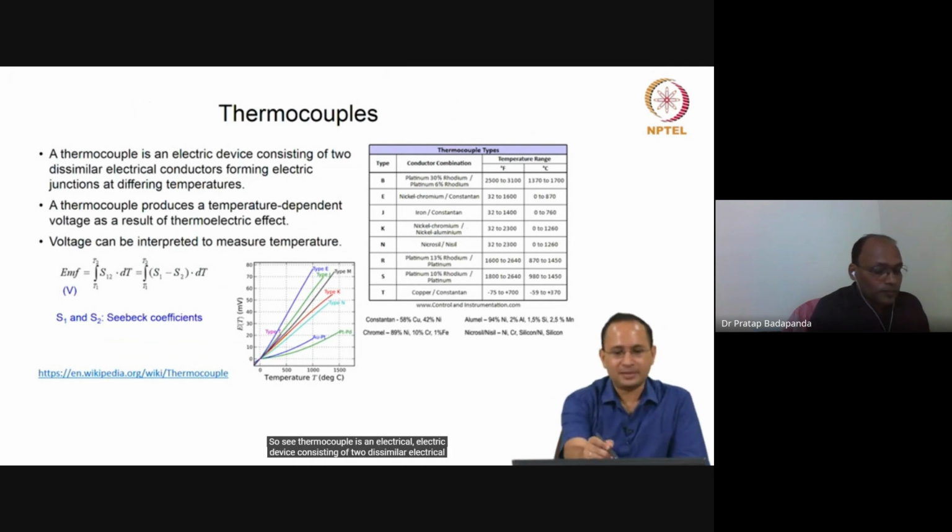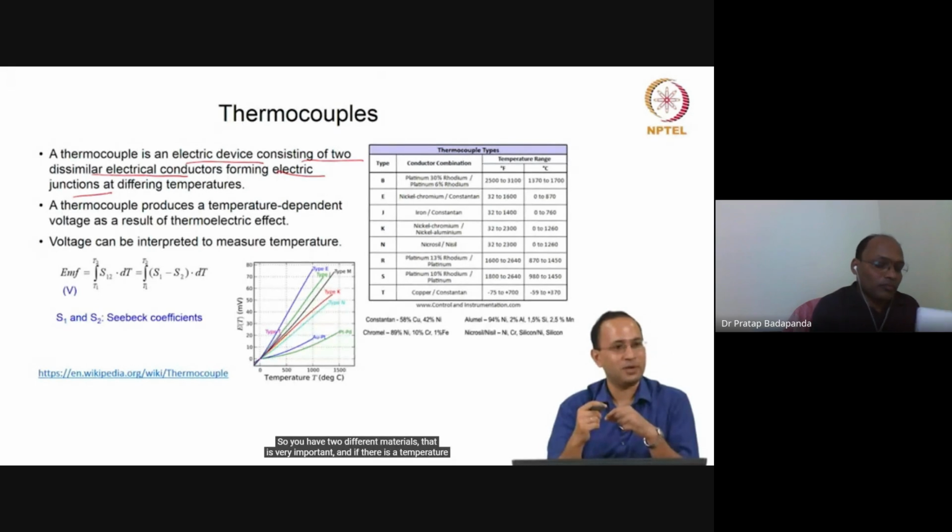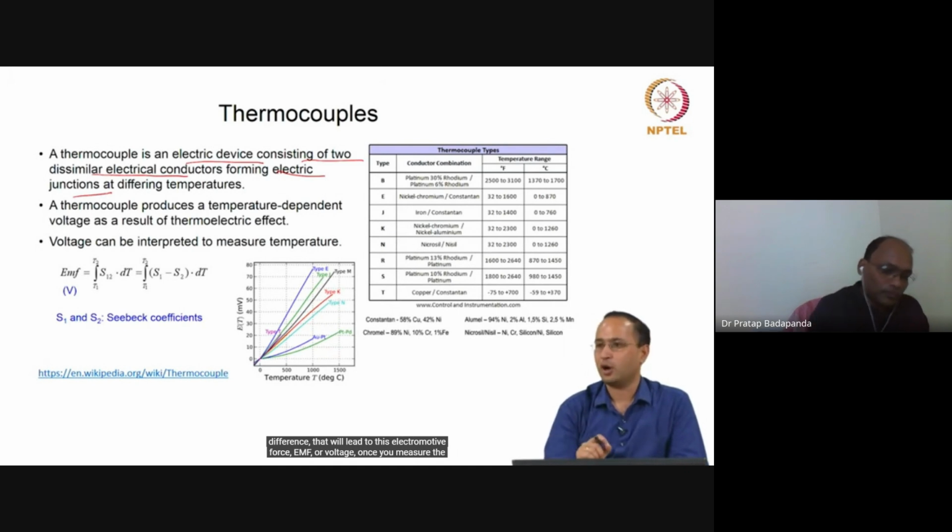A thermocouple is an electric device consisting of two dissimilar electrical conductors forming electric junctions at different temperatures. You have two different materials, that is very important, and if there is a temperature difference, that will lead to an electromotive force, EMF, or voltage. Once you measure the voltage, we can get an idea about the temperature. A thermocouple produces a temperature dependent voltage as a result of the thermoelectric effect.